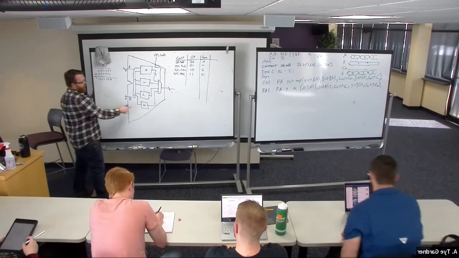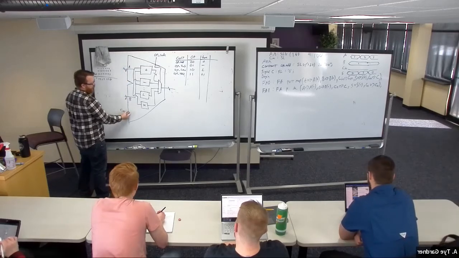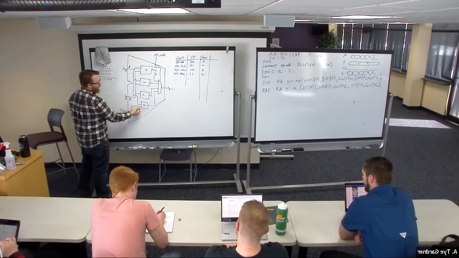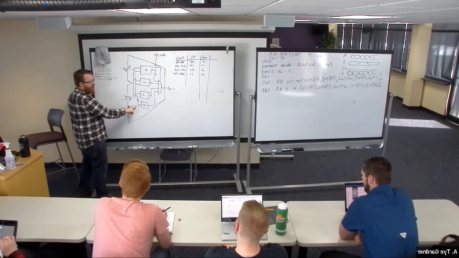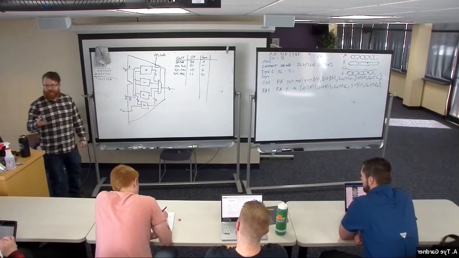So, for example, the hold, which is going to take A, it's going to just take whatever the carry in is, which is there's 8 bits here, there's 1 bit here, there needs to be 9 bits here in order for everything to make sense.